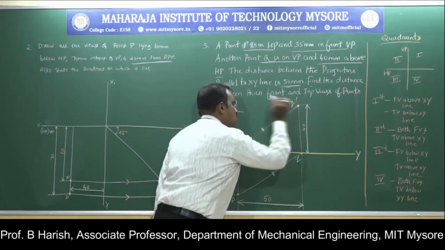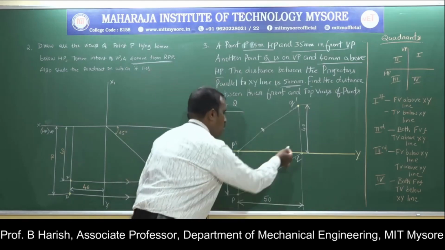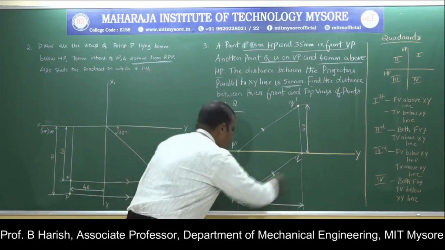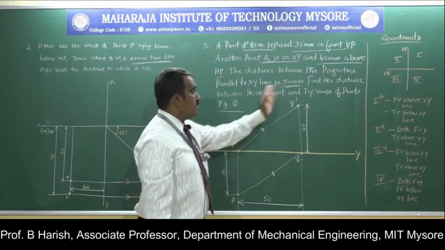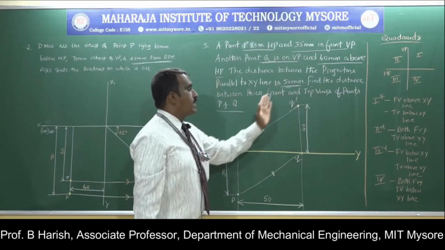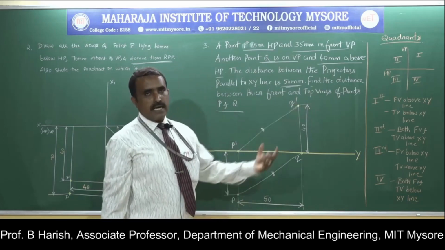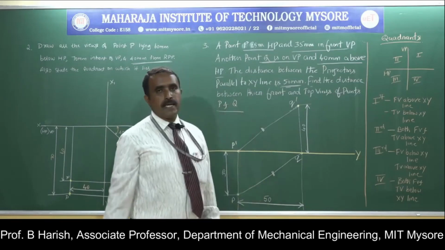You measure this distance, which is the distance between their front views. Similarly, for the distance between their top views, I'll join P and Q, the top views. If you measure that distance, that is the distance between their top views. Whatever values you get are the distances between the front and top views of both the points P and Q.